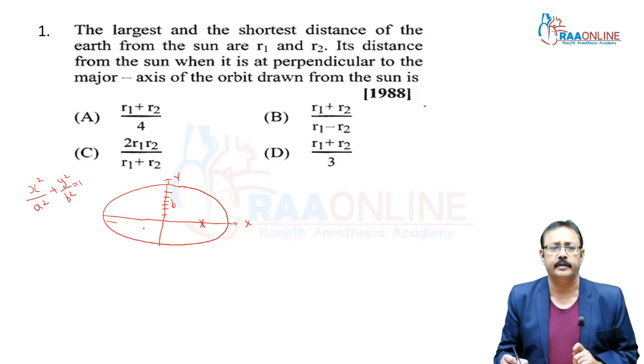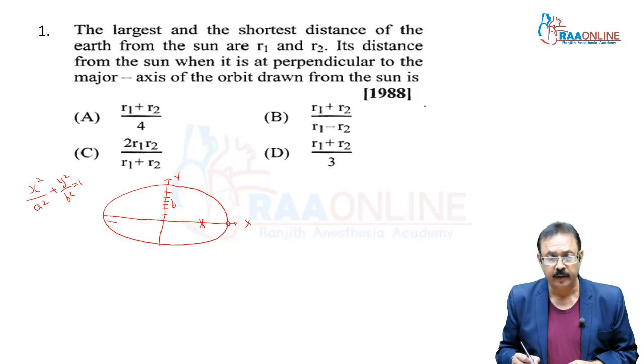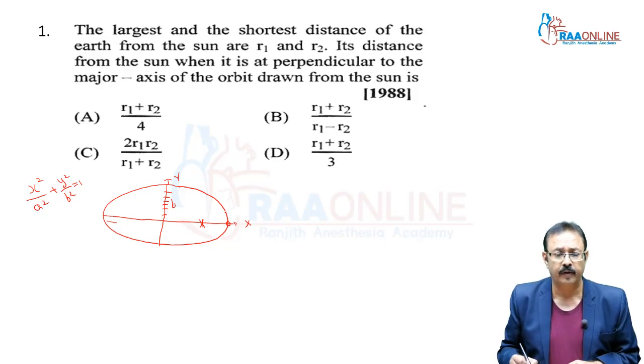Now what they are saying, the largest and the shortest distance. Definitely the shortest distance is when the planet is at this point, and the largest distance is when the planet is at this point.